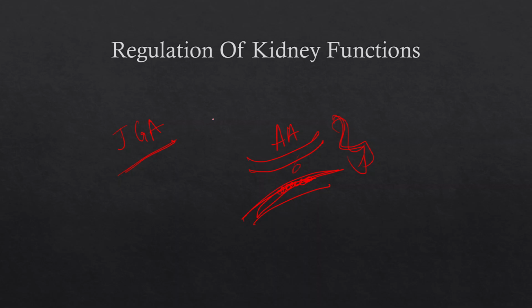Juxta means between, glomerular means glomerulus. That is called the juxtaglomerular apparatus.